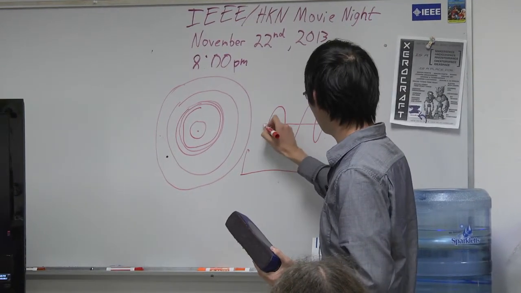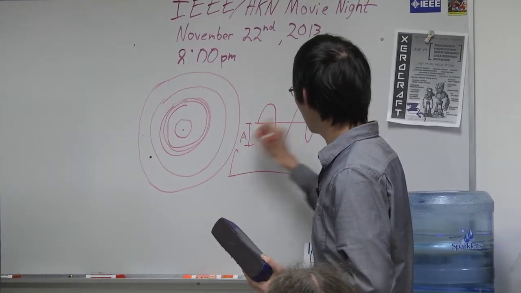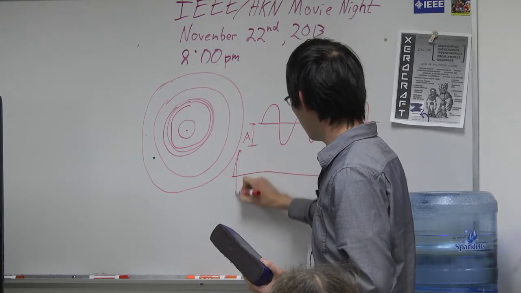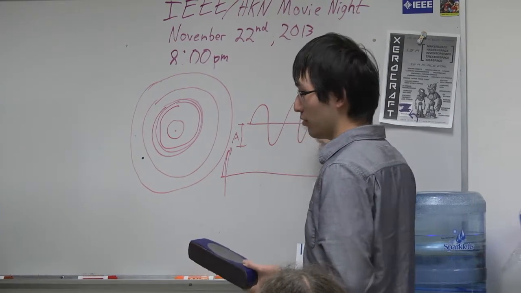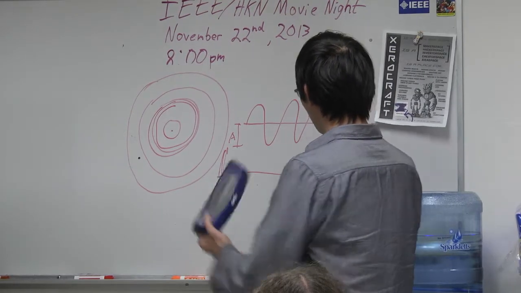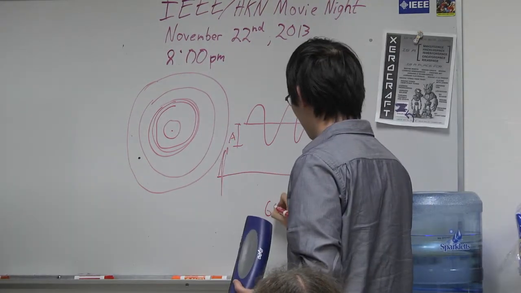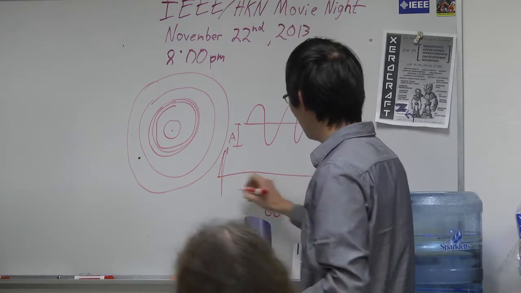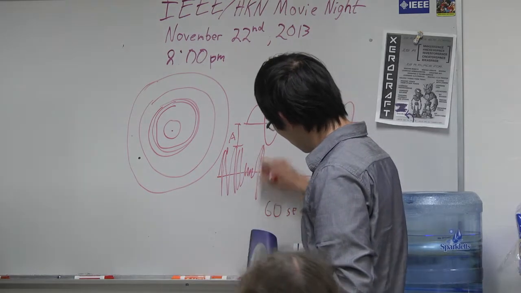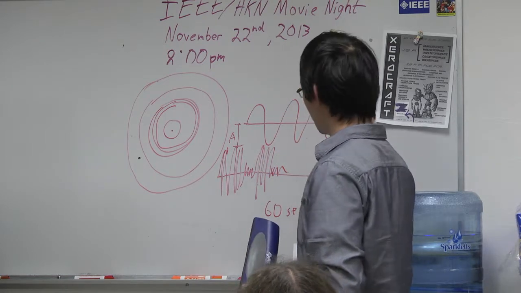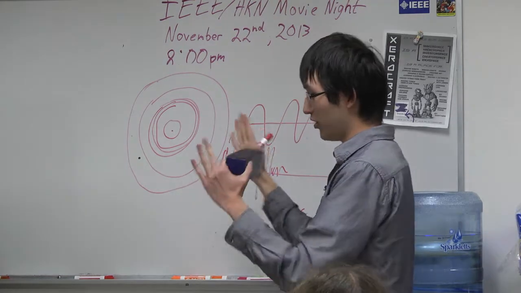The amplitude doesn't fluctuate wildly, so when you see maybe a 60 second clip, it looks symmetrical because it's just compressed down to very, very thin.